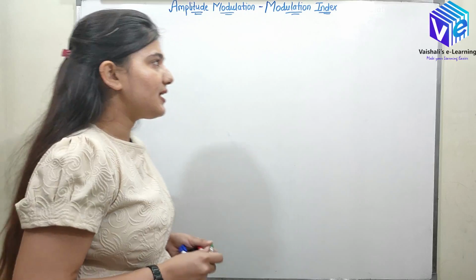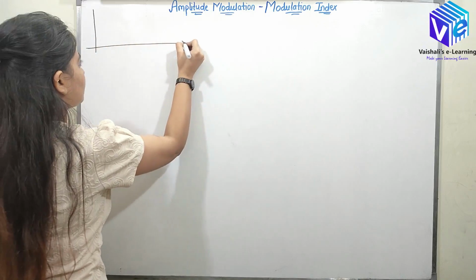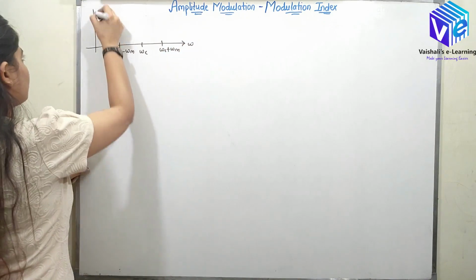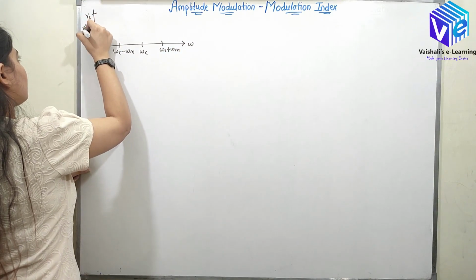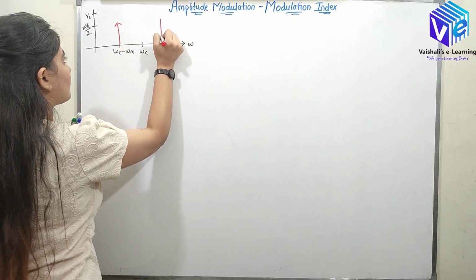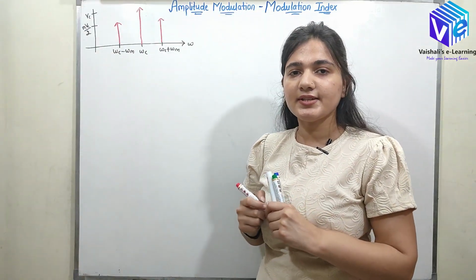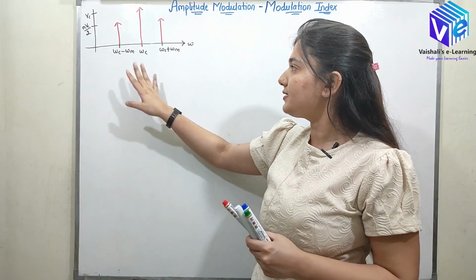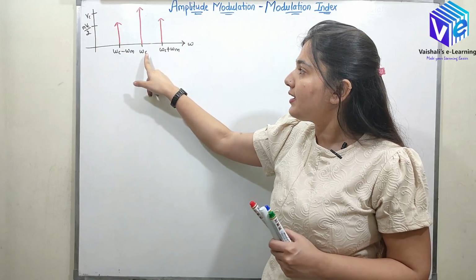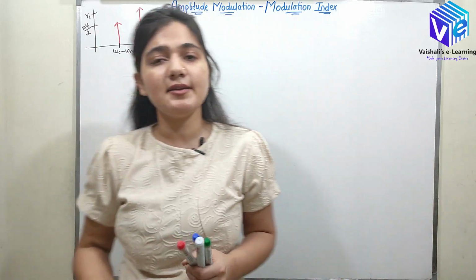So I represented the last diagram, which was like this. This diagram represents the single tone modulated signal. Here I had a component at the frequency omega c minus omega m, a component at the frequency omega c, and a component at the frequency omega c plus omega m.